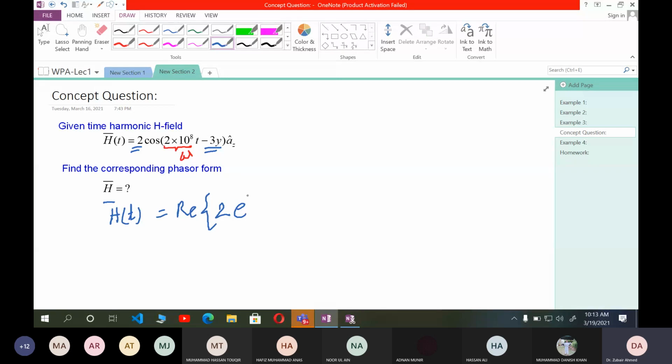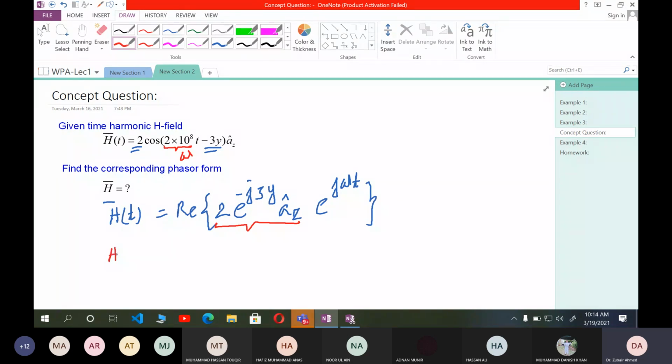So I will write e^{-j3y}. This is the complex number corresponding to this time domain signal. And because it's a vector, I must also write this a_z unit vector. And this exponential of jωt, this is the fundamental definition. So I can also write this simply by expansion. The term beside this exponential jωt inside the real part is basically the phasor. So you can write it like this, or you can write it directly.